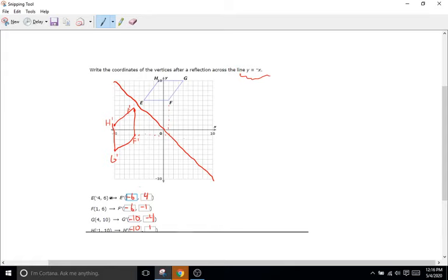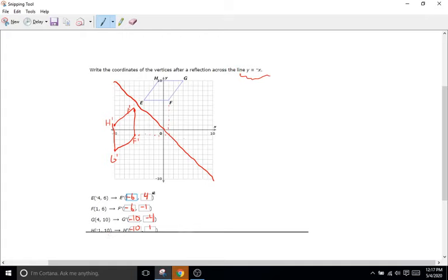So negative 4, comma, positive 6, you switch them, so it's 6 comma negative 4, and then you flip the signs for each. So 6 becomes negative 6, and negative 4 becomes positive 4. F, 1, 6 is going to be negative 6, negative 1. Again, you switch the x and y and then flip the signs of both. Positive 4, positive 10 becomes negative 10, negative 4. And negative 1, positive 10 becomes negative 10, comma, positive 1.